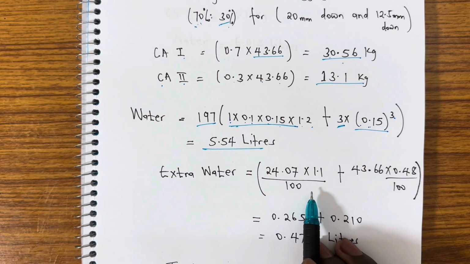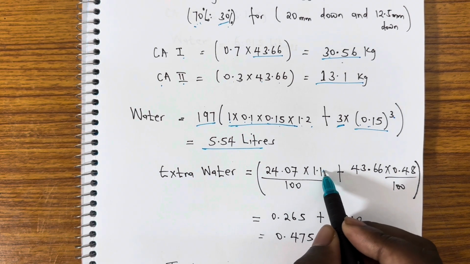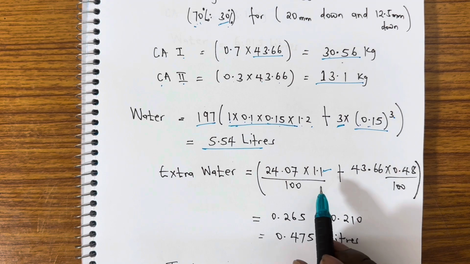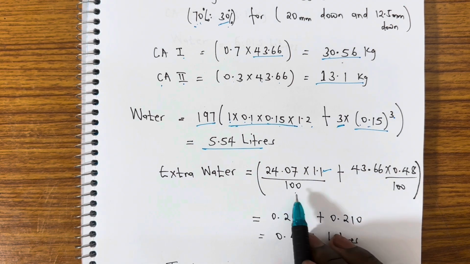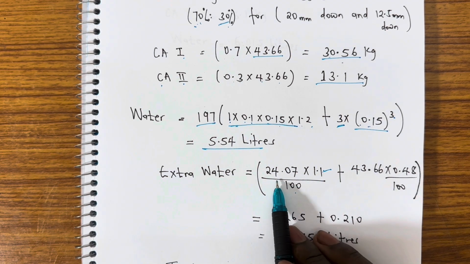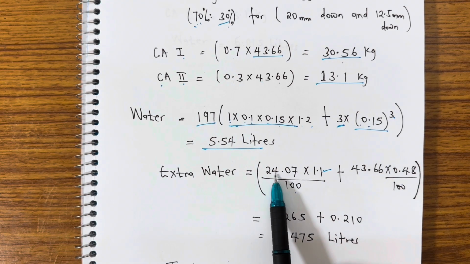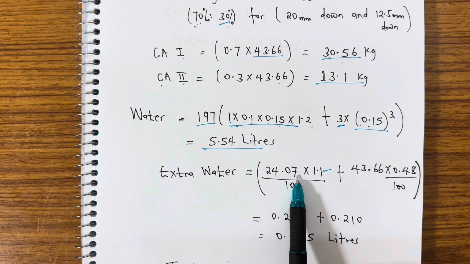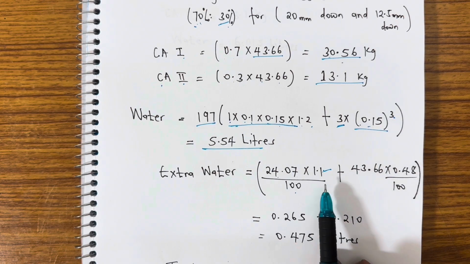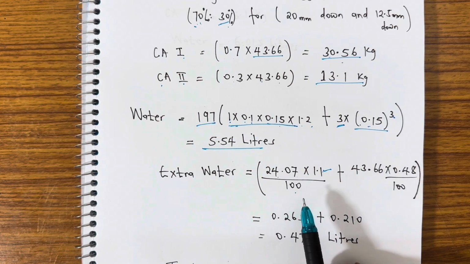So water absorption for fine aggregate was given to be 1.1%, and that is the same as 1.1 by 100 times the mass of fine aggregate that we have obtained, which is 24.07. So 24.07 times 1.1%, which is the same as 1.1 divided by 100.